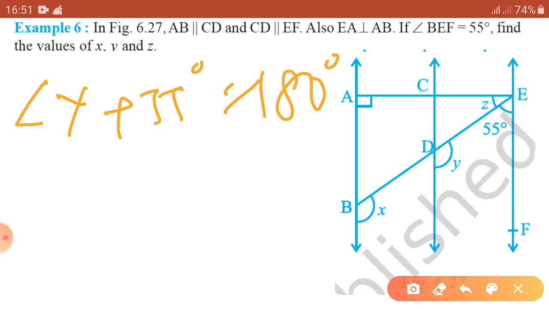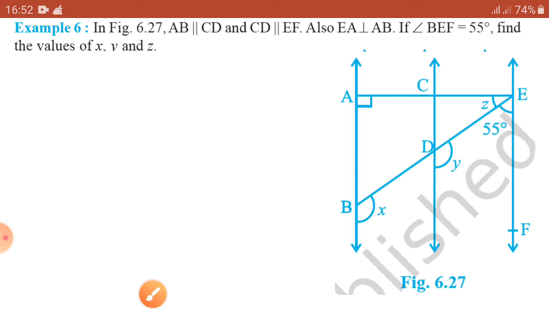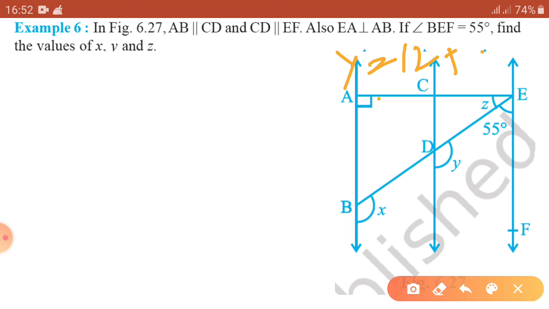That means this angle and this angle gives us 180 degree. So here we get y equal to 180 degree minus 55 degree, that is 125 degree. So you got that y equal to 125 degree.